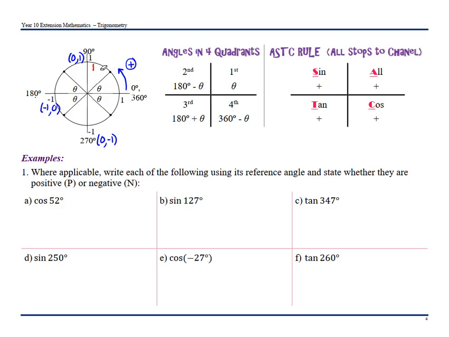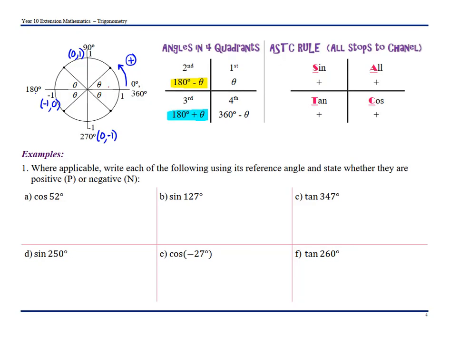If I go all the way around to my third quadrant to here, that's going to be 180 plus theta, all the way around 180 plus an extra theta. So you can see how I've written these here. Second quadrant's 180 minus theta, third quadrant's 180 plus theta.